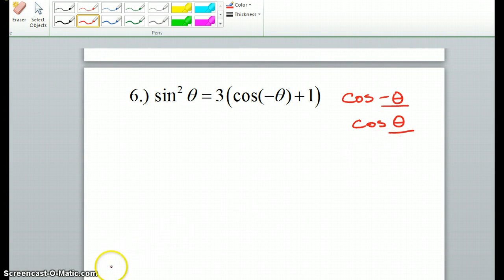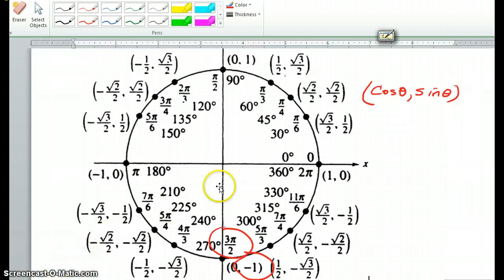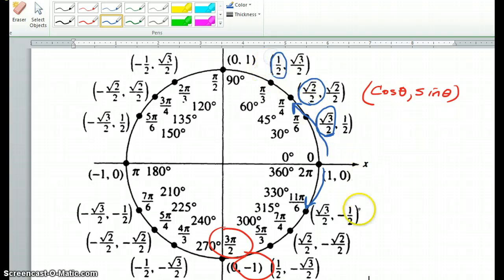So we can go this way for positive angles and that way for negative angles. But in this situation, notice since it's a circular function, these same values occur for cosine going in the positive angle direction and the negative angle direction.